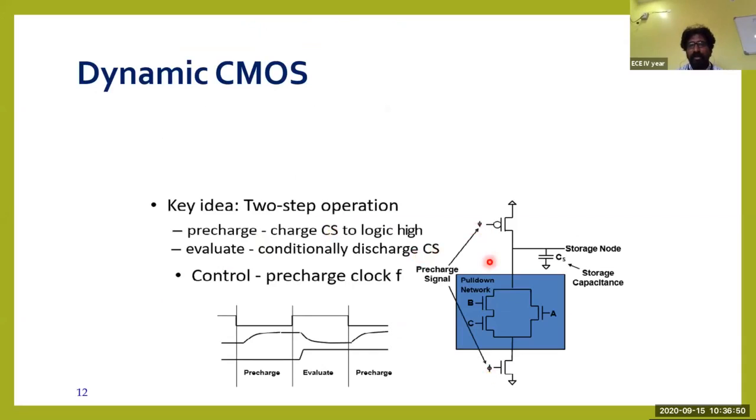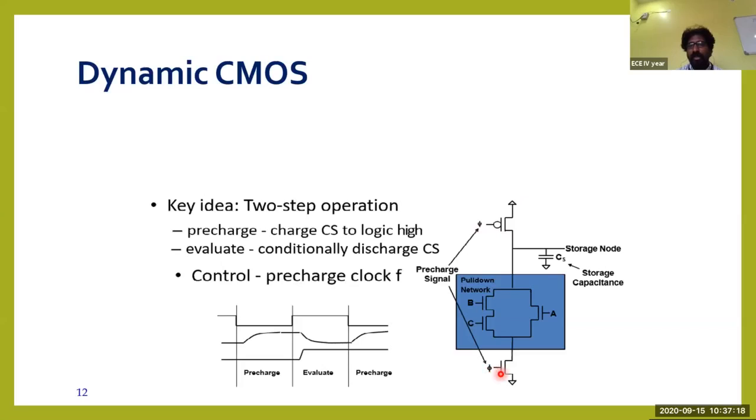Whenever the clock is equal to 0, the PMOS is turned on. Whenever the PMOS is turned on, what happens? The output is fully charged. Why? Because VDD will flow to the output and it will be stored as a charge in this capacitor. That's why the capacitance is formed here. But whenever it is the evaluate phase, clock equal to 1, the PMOS is off and the NMOS is turned on.